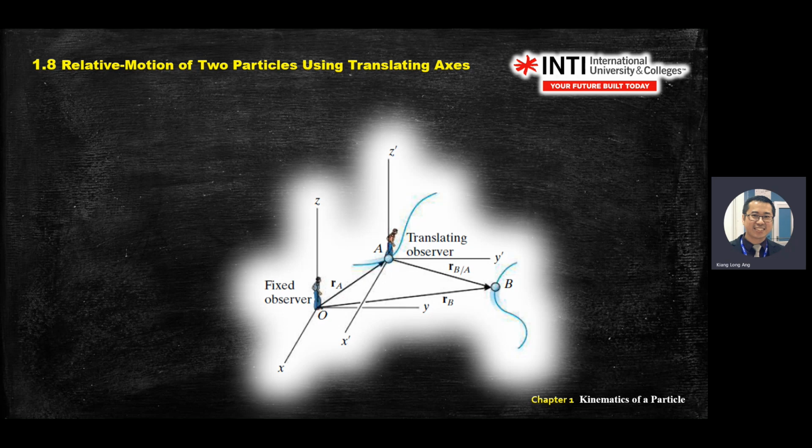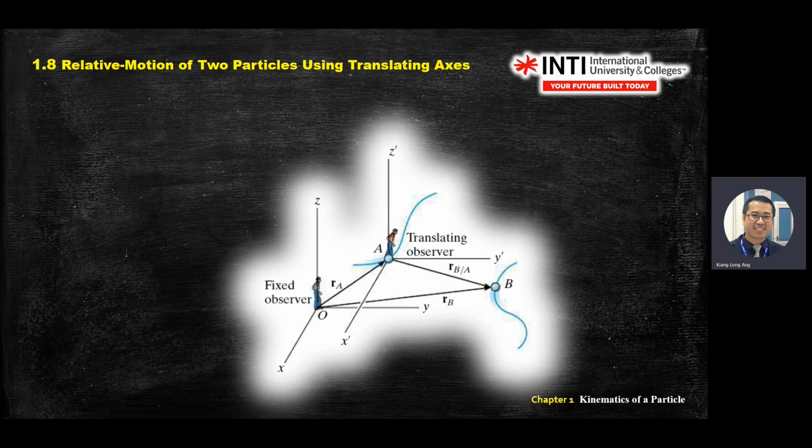And in my cheat code, I always like to write this one: RB, I read this one, I convert the slash into negative. All right, RB minus RA. This is the vector equation. In most of the textbooks, they will give you a positive one: RB equal to RA plus RB stroke A. It depends on how you memorize.